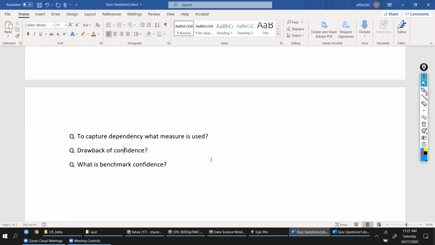Whereas here, in benchmark confidence, we are treating these two events as independent of each other. Right? So that's the difference.